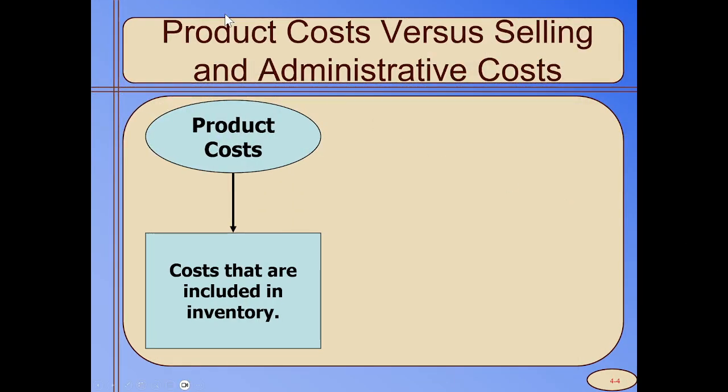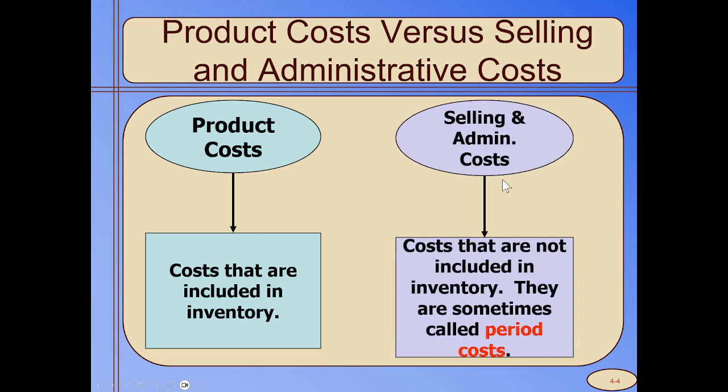So the inventory costs are shown on the balance sheet in an asset account named merchandise inventory. The inventory costs are frequently called product costs. Examples of inventory costs include the price of the goods purchased, the shipping and handling costs, transit insurance, and storage costs.